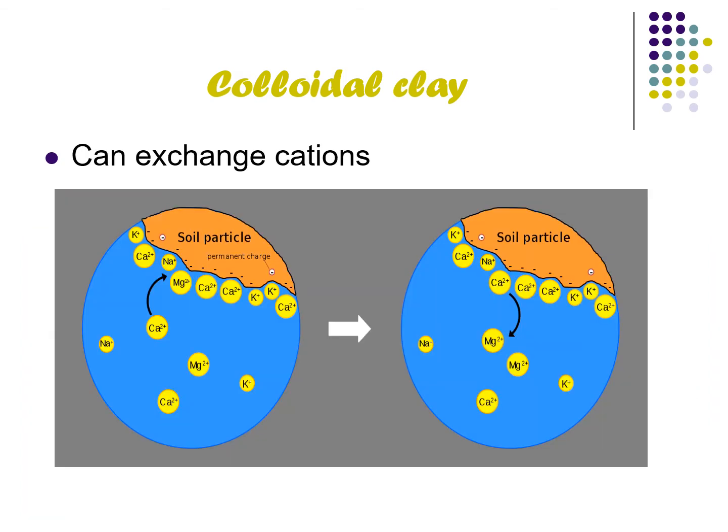This ability to retain cations and exchange cations on colloidal surfaces is the single most important property of soils insofar as plant nutrition is concerned. As shown in this example, the calcium cation is exchanged with the magnesium cation adhered to the soil surface.